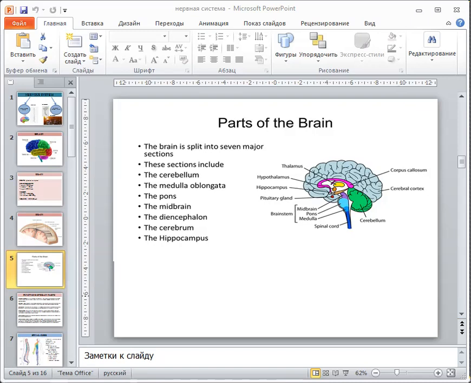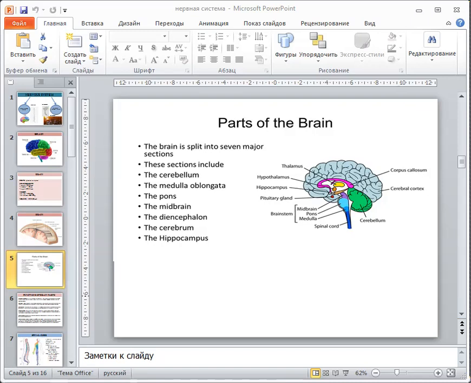Each hemisphere has the following surfaces: convex surface, lower surface, and middle surface, which connects the hemispheres with each other. In each hemisphere there are protruding parts: the frontal pole, occipital pole, and temporal pole.